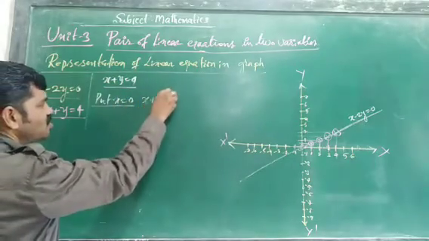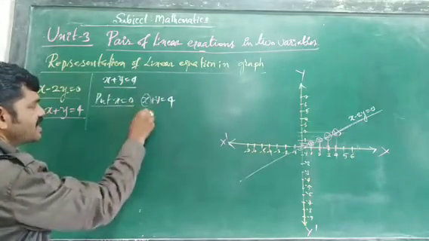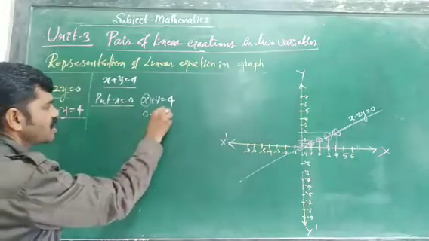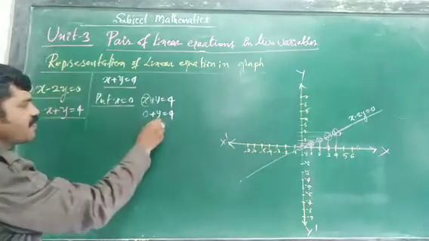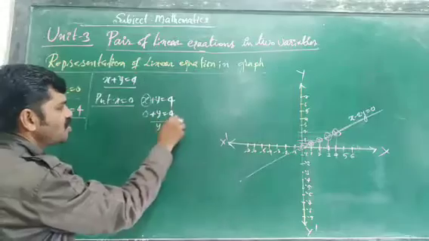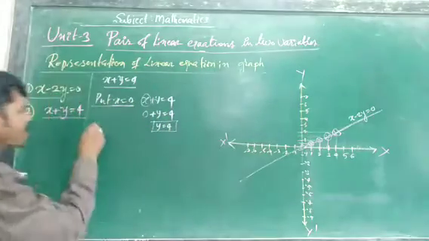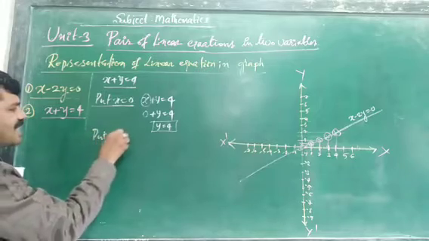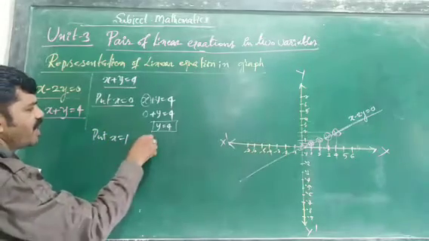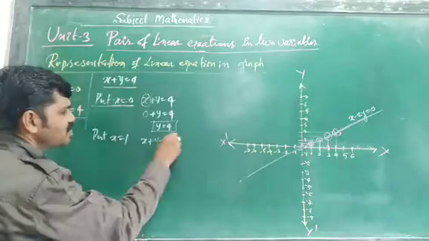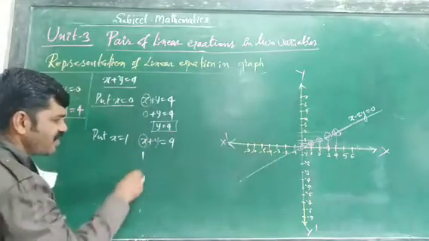x plus y is equal to 4. The value of x, if we give 0, then the value of y will be 4. When given x is equal to 0, y will be 4. So let us put the x value equal to 1. We have the equation x plus y is equal to 4. The value of x we have given is 1.